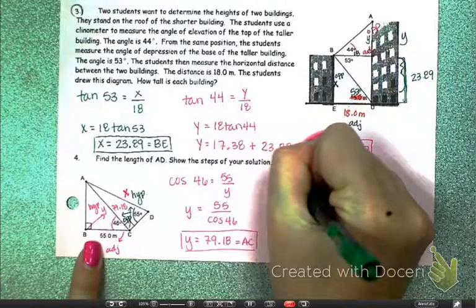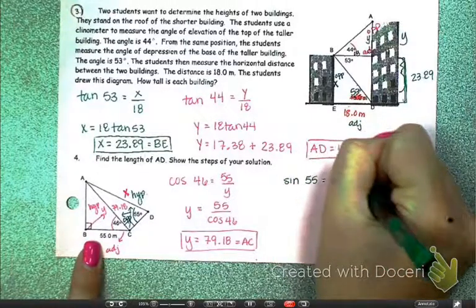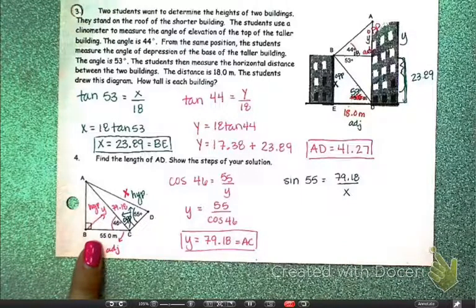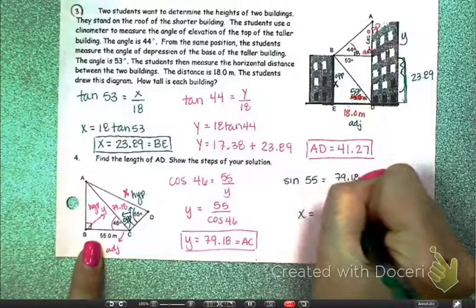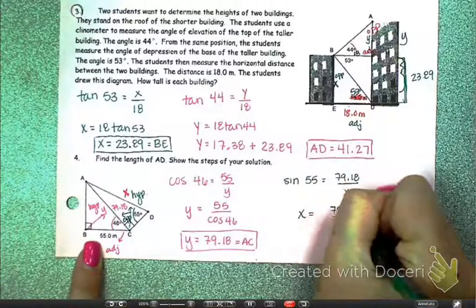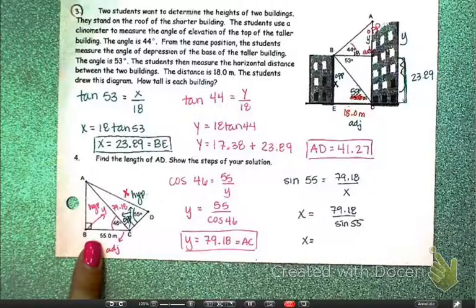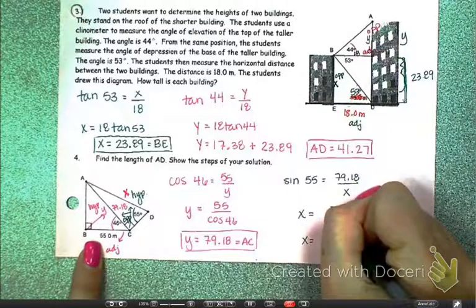So now it's the sine of 55 equals the opposite over the hypotenuse. Again, it's a flip and divide. And what do you end up with for the length of AD? X equals 96.66.